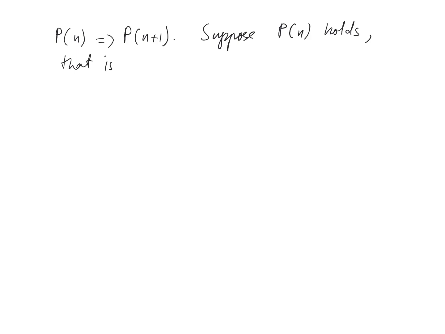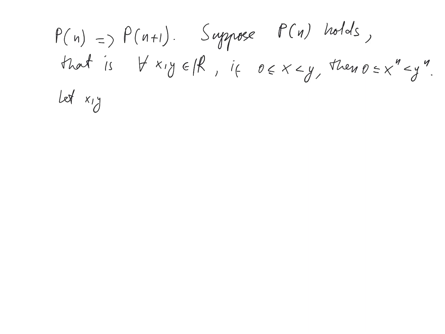This means that for every x, y in R, if 0 is less or equal than x is less than y, then 0 is less or equal than x to the n is less than y to the n, and we want to use it to deduce the same statement for n plus 1. Towards this, let x, y be arbitrary real numbers such that 0 is less or equal than x is less than y.